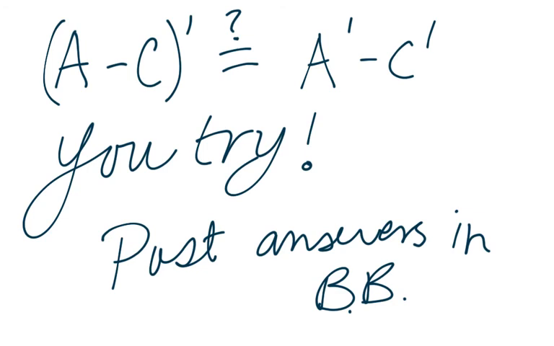We're going to see hopefully a pattern and a law happen from the part that you try on your own. So it's really important that you do the shading on your own, figure out if these 2 or 3 statements are true, and then determine what's called De Morgan's laws. So try that on your own. I will post the solutions for you in Blackboard, and ask me questions if you have any. Thank you.